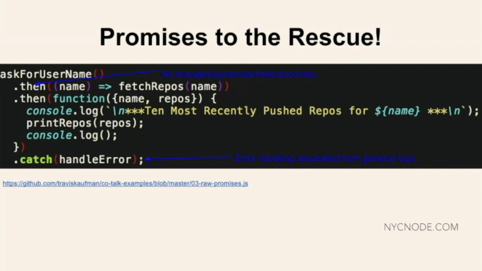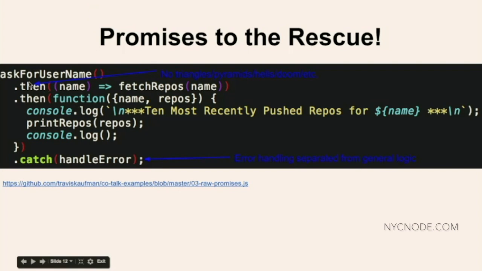Basically, if you're not familiar with promises, you can think of them as placeholder values for async operations. When they settle, you can call then to get the settled value, or you can call catch at the very end to handle errors. And that's a grotesque oversimplification of what promises are. So if you're unfamiliar, I definitely encourage you to check them out more.